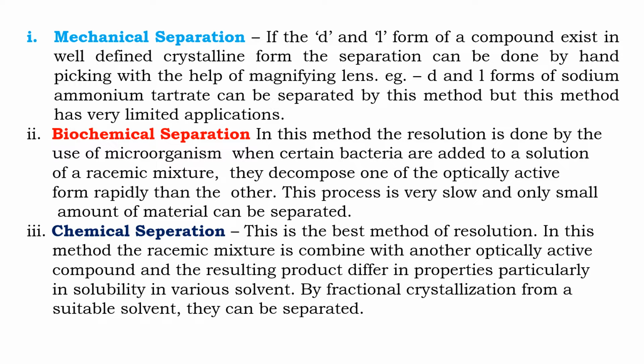For example, certain bacteria only consume the dextrorotatory sample, or only the levorotatory sample. So when I place this bacteria on a racemic mixture, it consumes either the D or L isomer, leaving one of the isomers there. This type is called biochemical separation.